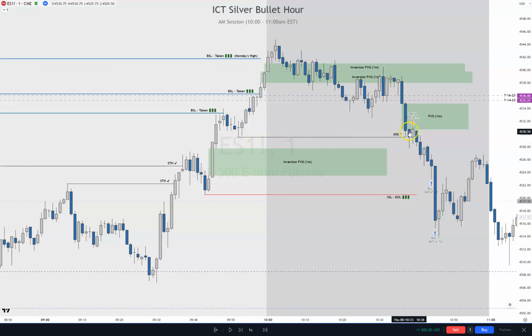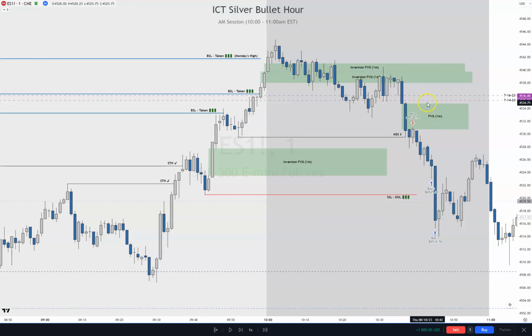So for me, I was waiting, put a limit order here. This little itty bitty one tick would have triggered me in. I'm not expecting price to come back in here because it's been back and forth, back and forth, and finally leaves it, leaving behind a balanced price range in here.